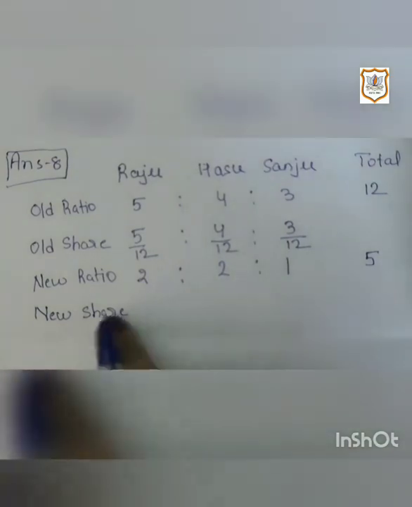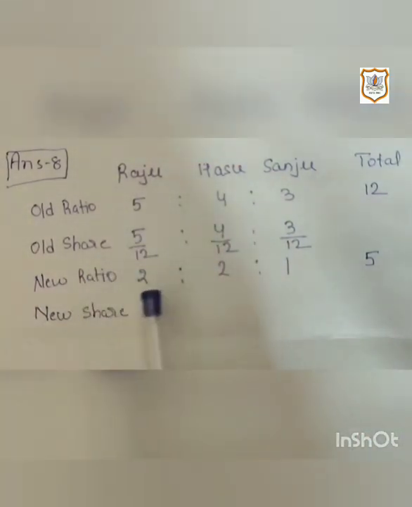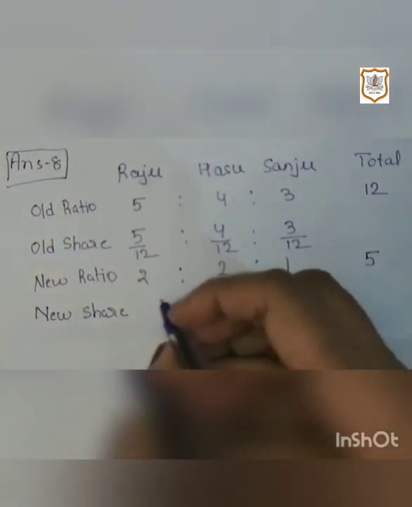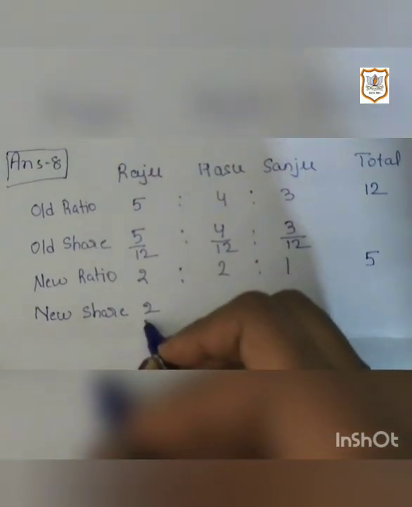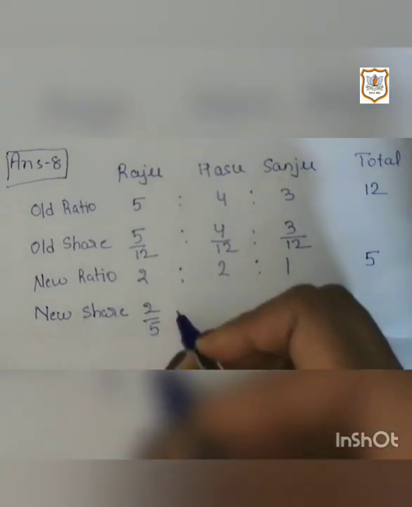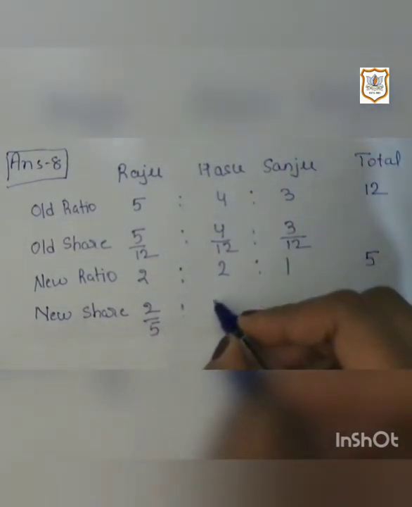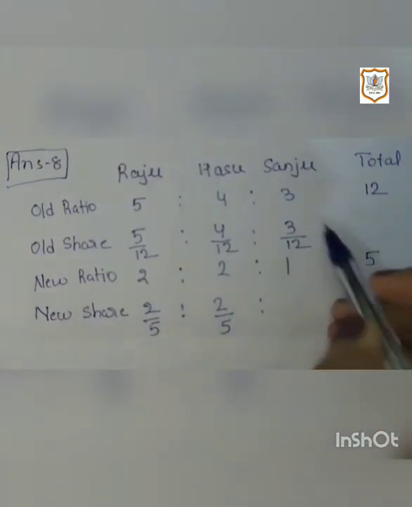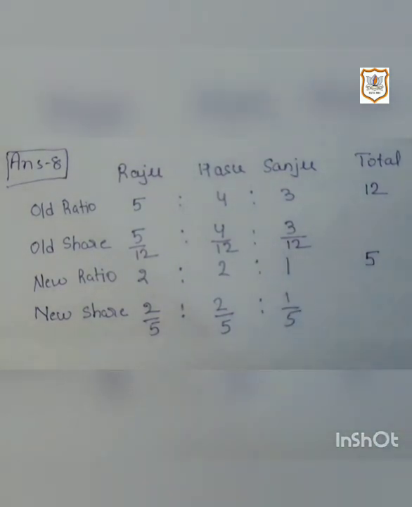Similarly, we have been given the new share of all the three partners, which is 2:2:1. And the total is 5. So we can say that Raju will get 2 by 5 in future. Hasu will get 2 by 5 and Sanju will get 1 by 5 in future.